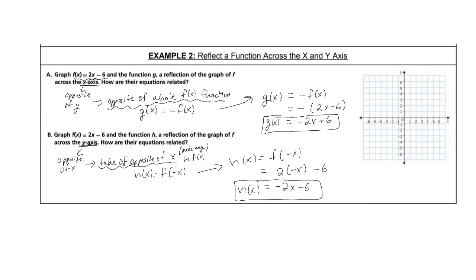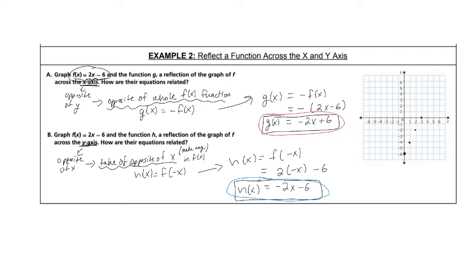Okay, so I'm going to make my g of x red and my h of x blue. And then I'll draw our original f of x here. Okay, so f of x is negative 6 for our y-intercept, and then a slope of 2 over 1.